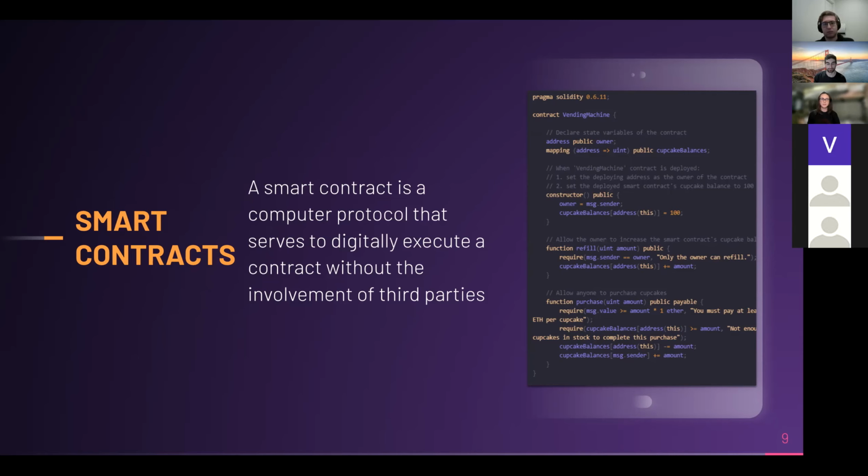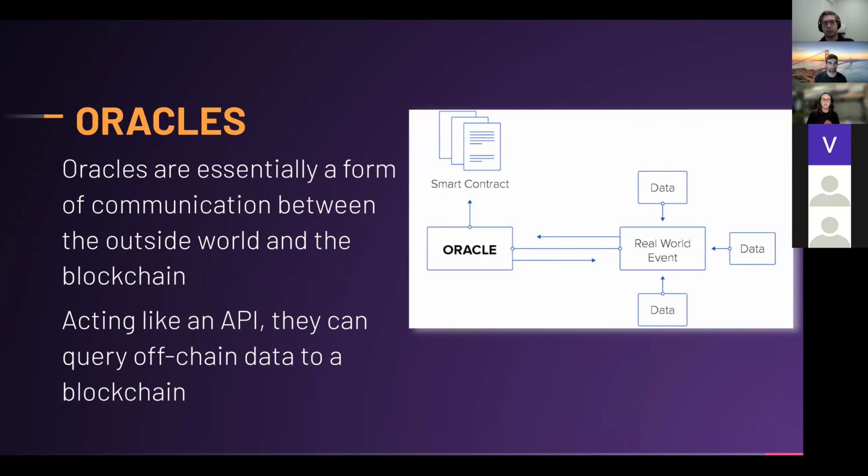There are thousands and thousands of different applications that we'll get into later of how smart contracts can be applied.